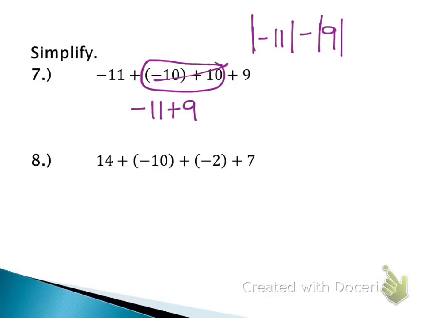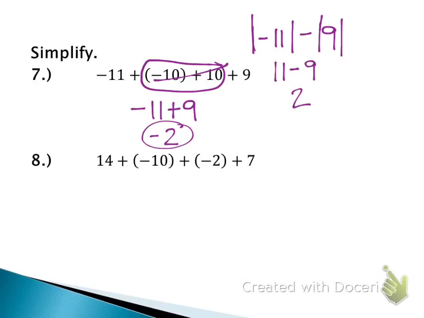The absolute value of -11 is 11, minus the absolute value of 9 is 9. I subtract those and I get 2, but I use the sign of the number with the bigger absolute value, which would be -11. So I know my final answer is -2.